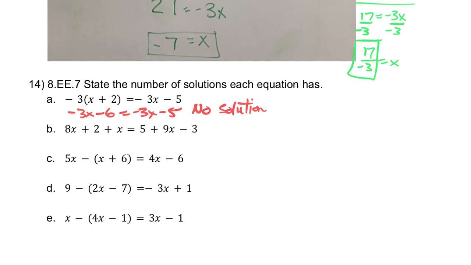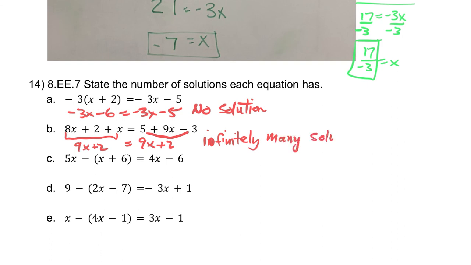This is 9x plus 2, and then this is 9x plus 2 because I put those two together, and there's infinitely many solutions.